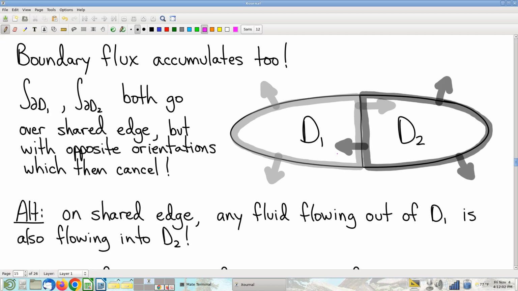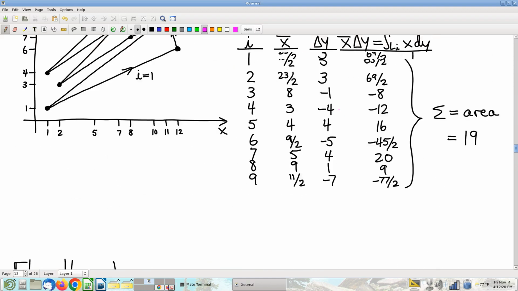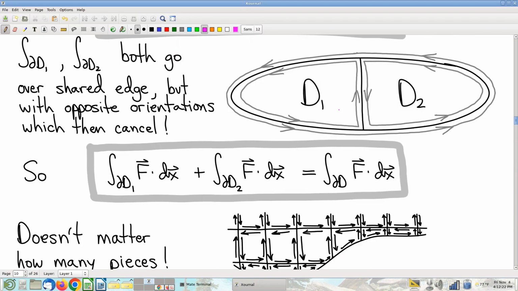Everybody buy it? It's morally equivalent, I like to say, to what happened when we were talking about circulation. Shared edge, part of the boundary of two pieces, but with opposite orientation, so they cancel. That's exactly what happened when we were looking at Green's theorem.